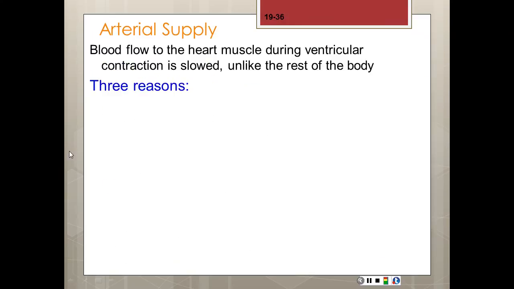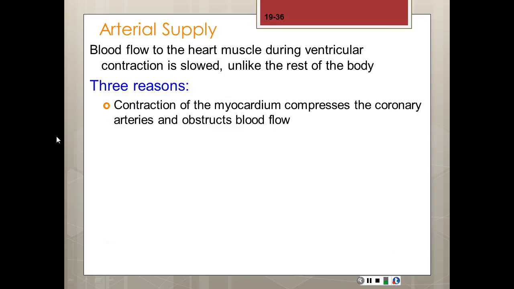Now, in most organs, blood flow peaks when the ventricles contract and they eject blood into the arteries, diminishing when the ventricles relax and start to fill again. Now, the opposite is true in the coronary arteries, in which blood flow increases during ventricular relaxation for three reasons. Contraction of the myocardium starts to compress the arteries and obstructs blood flow.